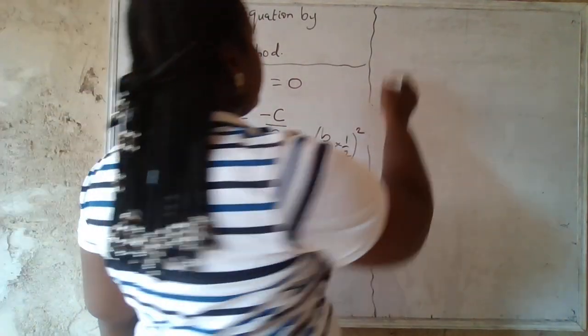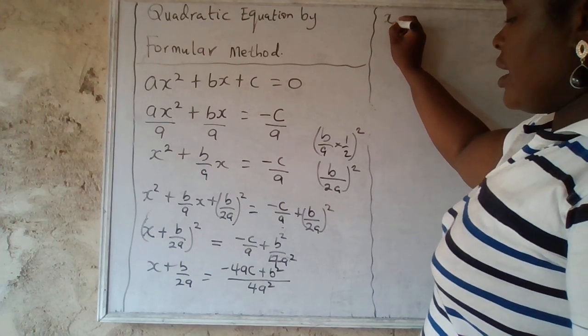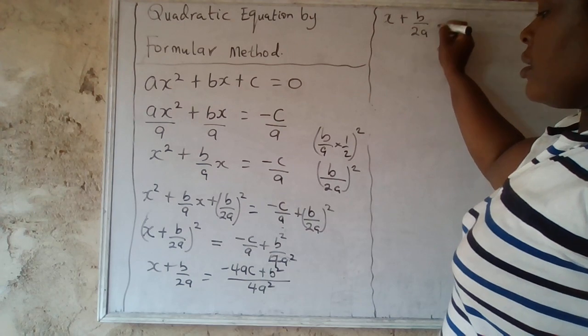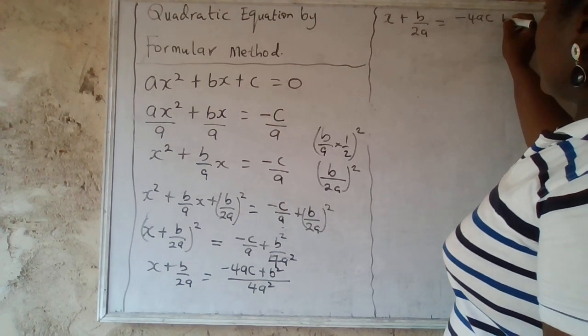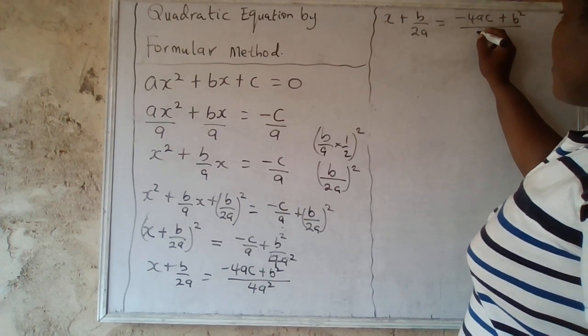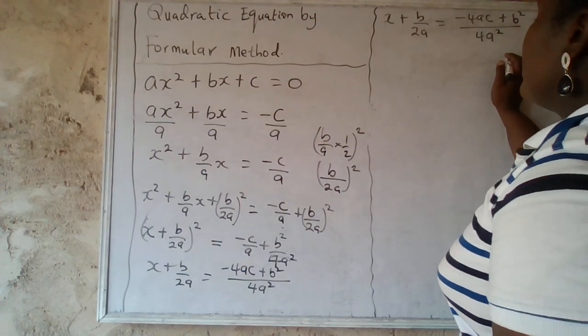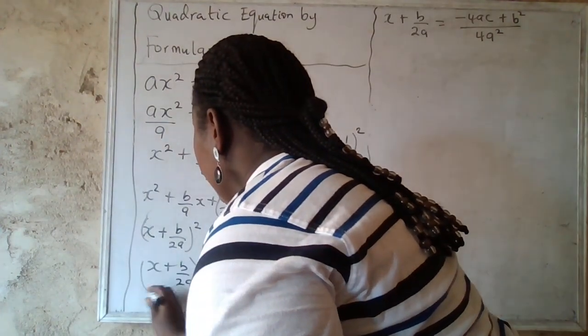Now that means, I'm writing everything here, we're having x plus b over 2a all squared to be equal to minus 4ac plus b squared over 4a squared.